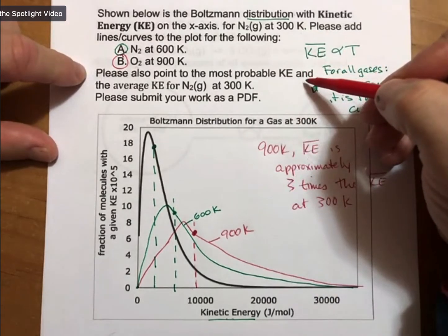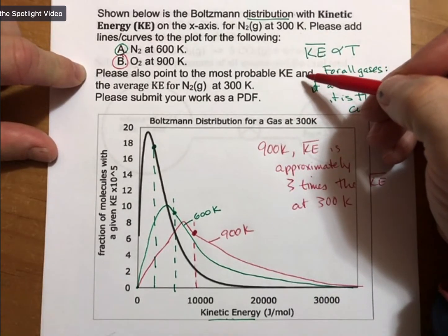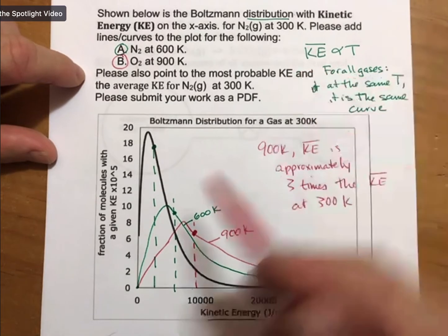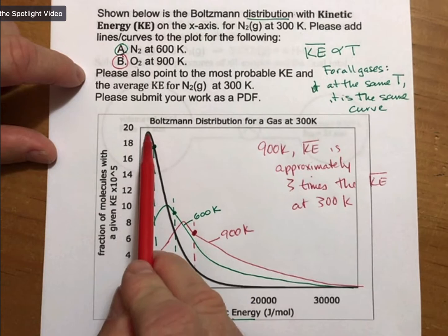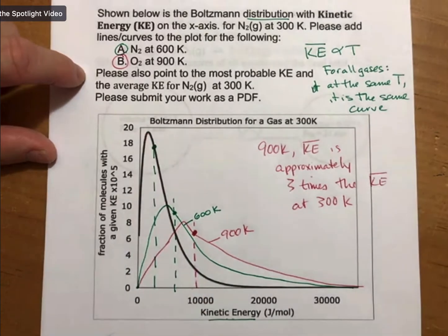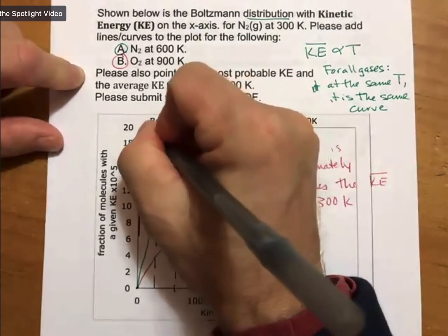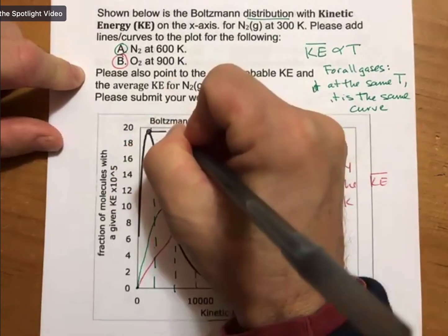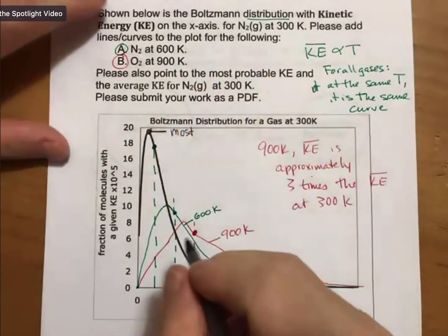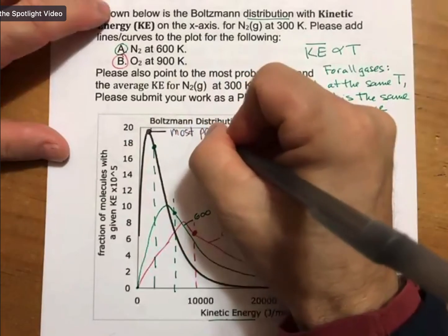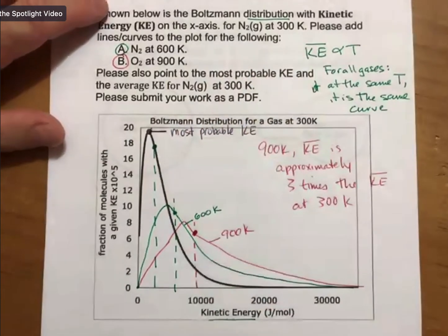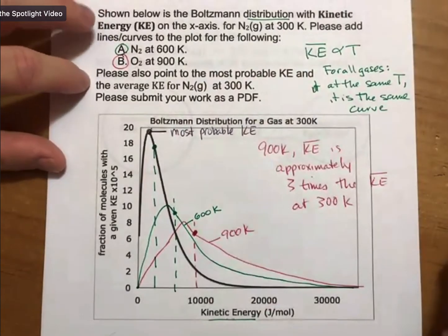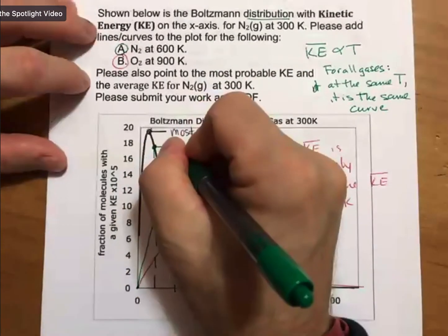Please also point to the most probable kinetic energy. The most probable kinetic energy for each of these is the highest point on the curve. So I'm just going to point to that. Most probable kinetic energy. And average kinetic energy for 300.